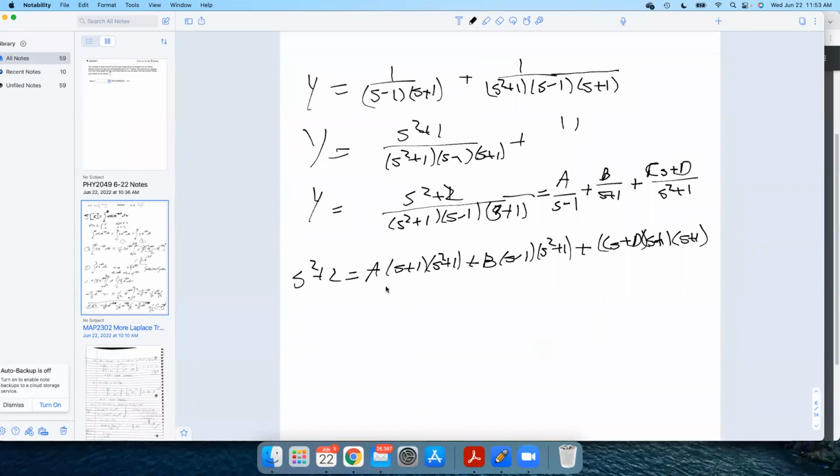Like, for example, I can see here, if I were to multiply this out, I would get an A times an s cubed plus a bunch of other stuff. If I multiply this out, I would get a B times an s cubed plus a bunch of other stuff, but no other cubes.